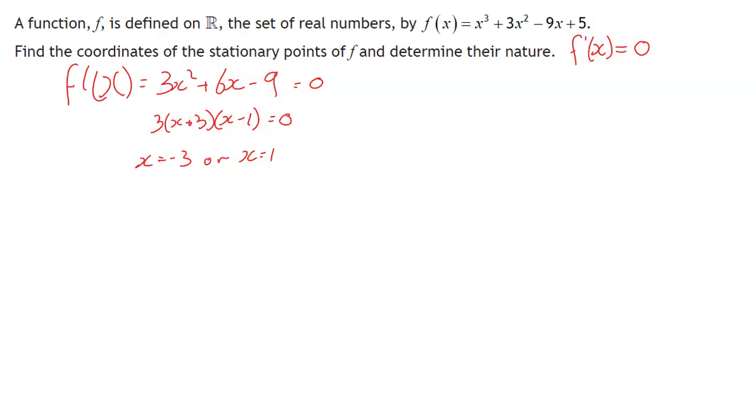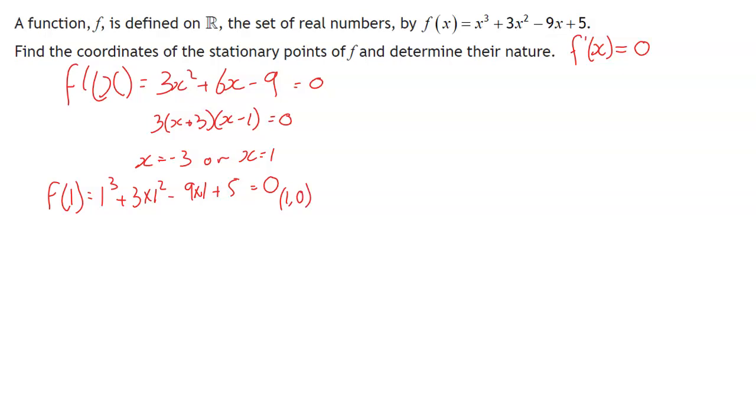Now in order to get the y coordinates, I'm going to substitute each of these into f of x and it will give me the corresponding y value for that x value. So if I do f of 1 first, what I'll end up getting is 1 cubed plus 3 times 1 squared minus 9 times 1 plus 5. And if I work all of that through, I'll get a value of 0. So that then means I've got one stationary point at 1, 0.